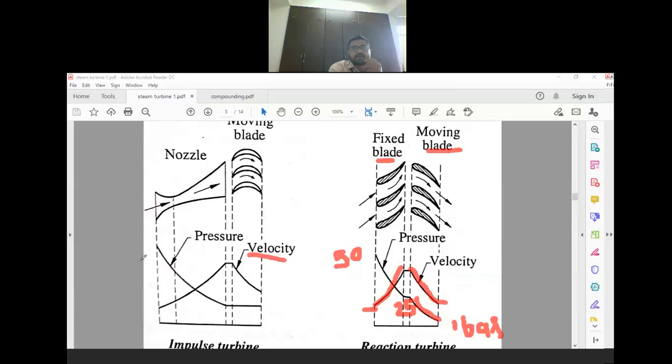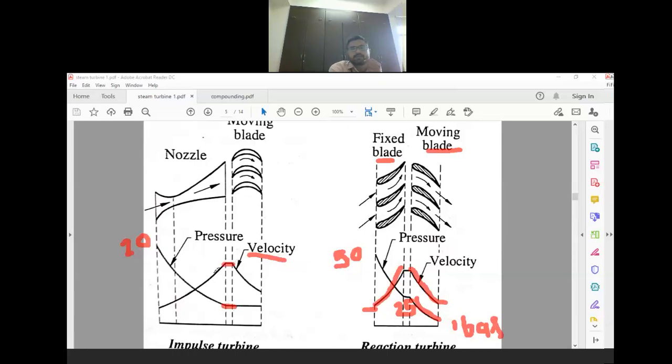Suppose I give you one example: at the time of retirement, suppose you got 20 lakh rupees. Now in those 20 lakh rupees you have utilized all your money, and you have converted that money into commodities.